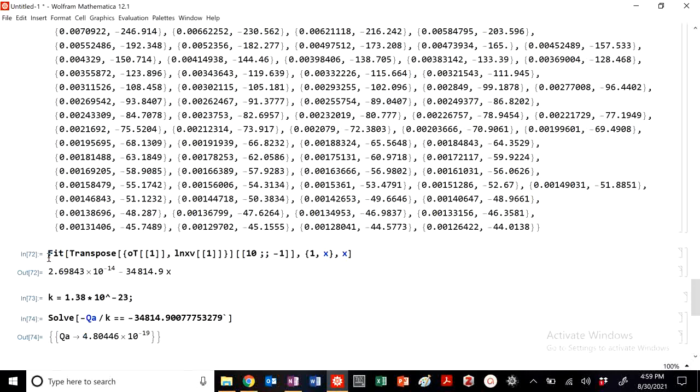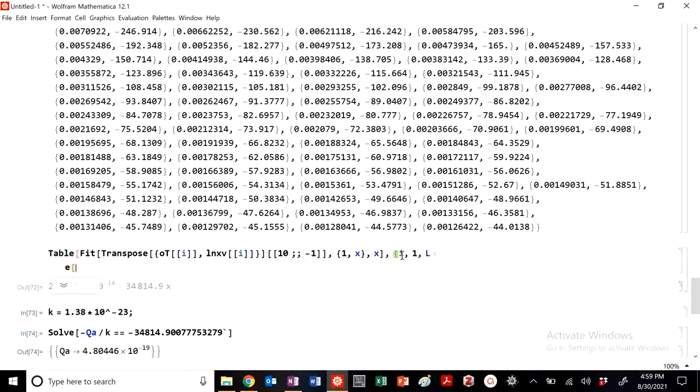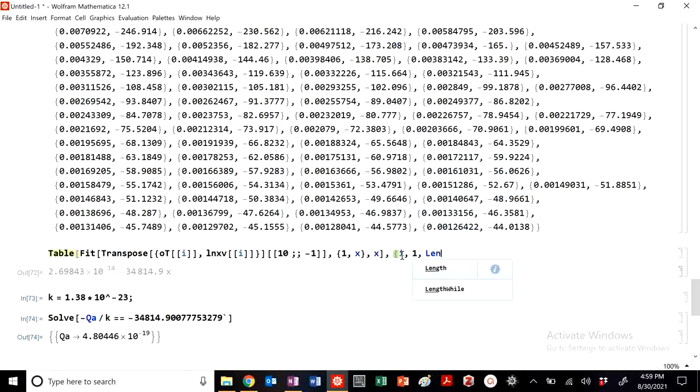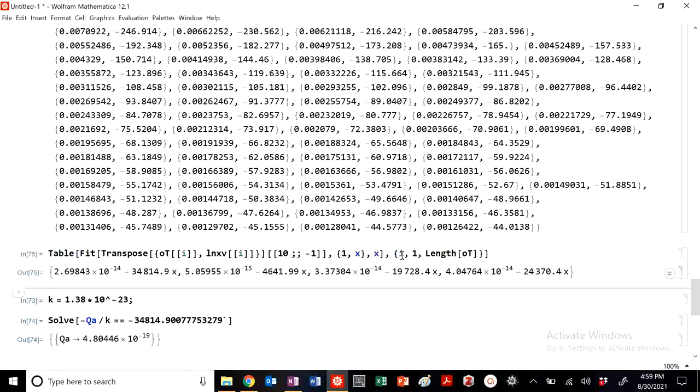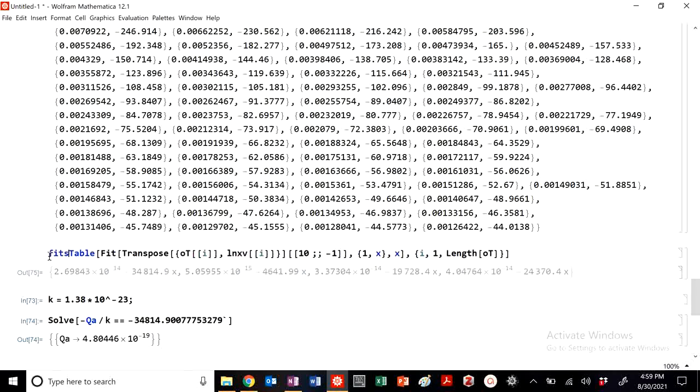I can do the same thing here for, actually, we may be able to do this very intelligently. Length of OT. Great. So now I could also pick, so these are my fits.